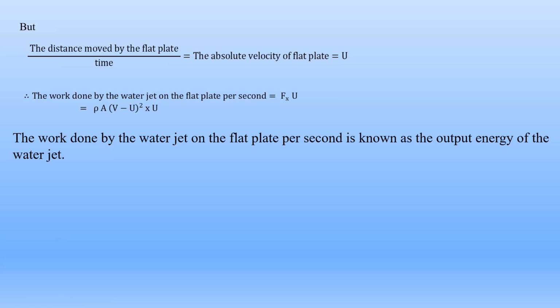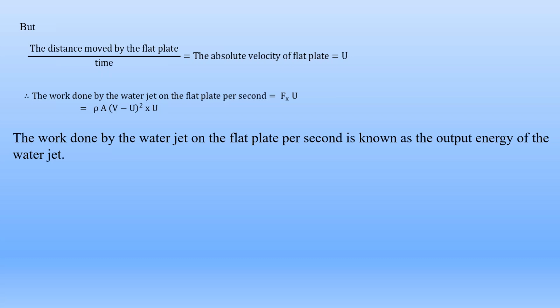That is the equation for the force Fx. So the work done by the water jet on the moving vertical flat plate per second is rho a into (v minus u) whole square into u. We call that work done.